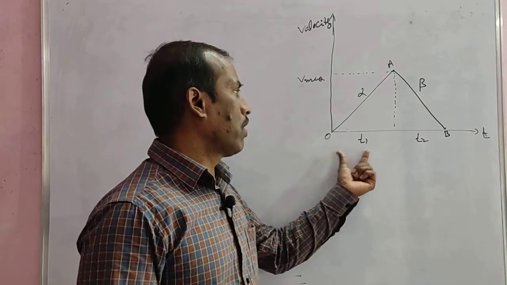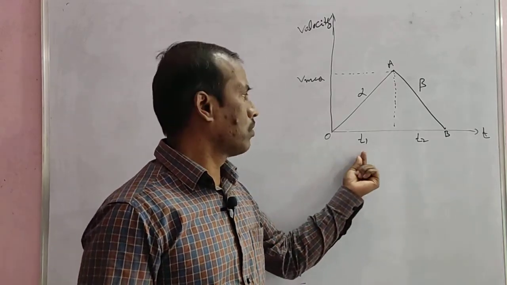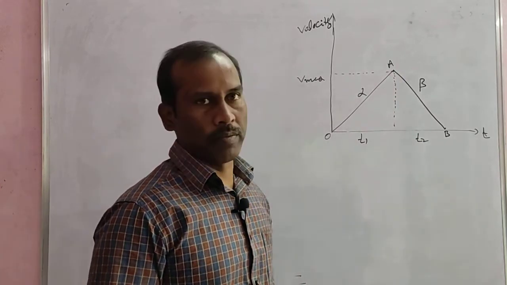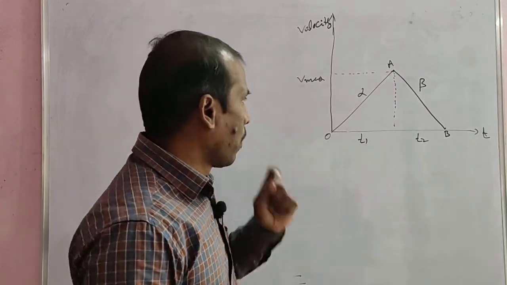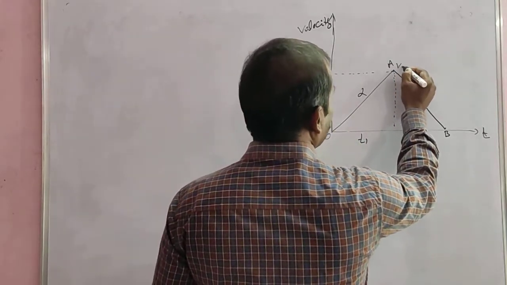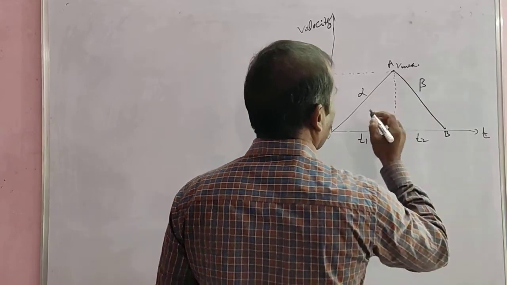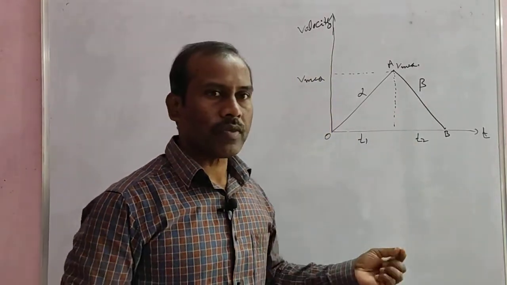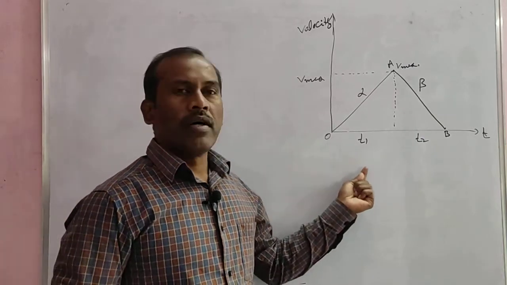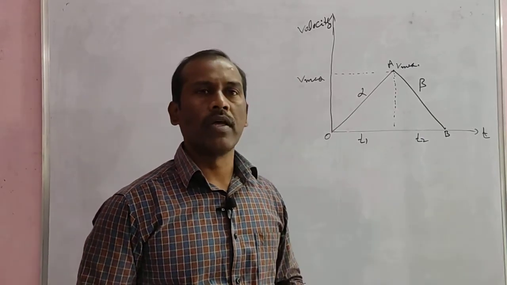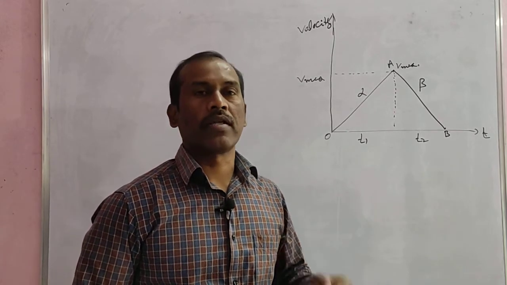So t1 and t2 are the times taken to reach point A and point B. The maximum velocity is at point A. Here t1 is the time of acceleration of the bus and t2 is the time of deceleration of the bus.